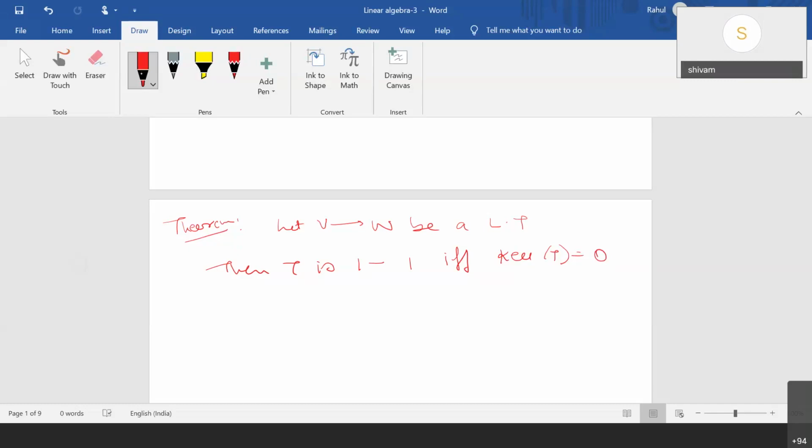Ma'am, yes, this can be proved like if it is a linear transformation, then T0 equal to 0, but it is also 1-1, so it should be equal to 0 only. And the other way around? I don't know the other way around. Okay. So proof.